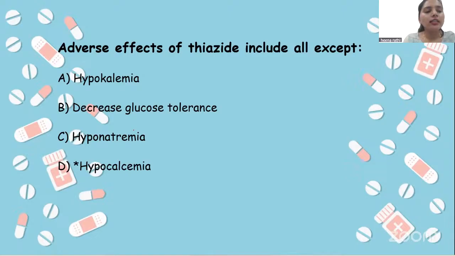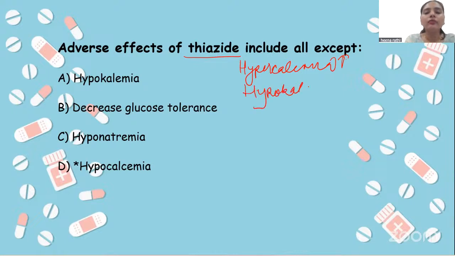Next question: the adverse effects of thiazide include. We have seen in the earlier question that thiazide is a diuretic. It produces a number of adverse effects. The most common adverse effect seen with thiazide is hypercalcemia.